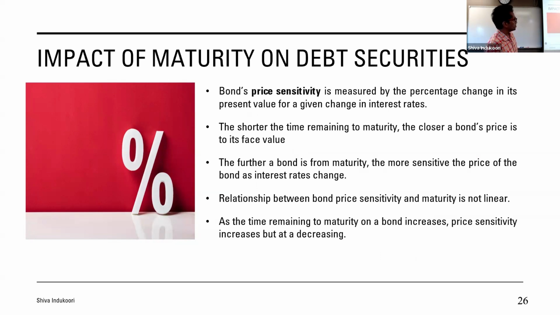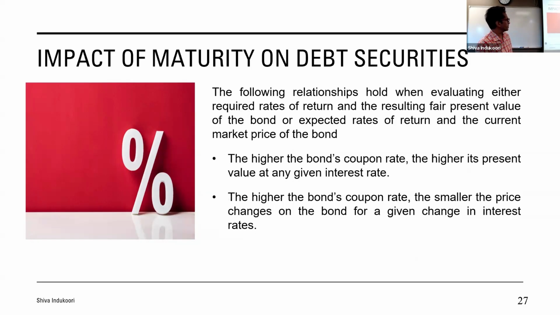So we have the bond's price sensitivity seen with the duration. I will explain you more. This is more descriptive. So the big relationship is higher the bond's coupon rate, higher its present value, when you discount the future. It's obviously clear to all of us. High coupon payments will lead to high present values.